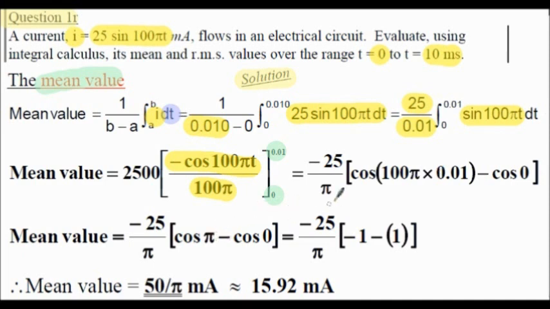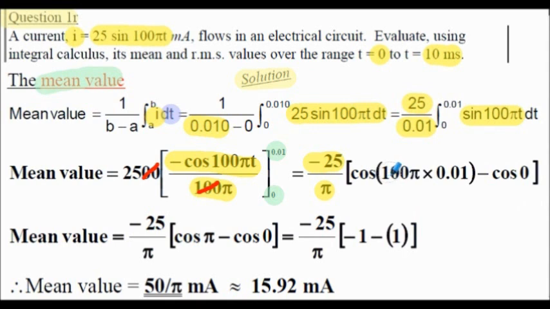On the next step here, we simply divided the 2,500 by the 100 to leave us with negative 25 outside the bracket, and of course the pi in the denominator has been taken again outside of the square bracket. All we do now is impose the limits, the upper limit 0.01 here, the lower limit of 0 here.